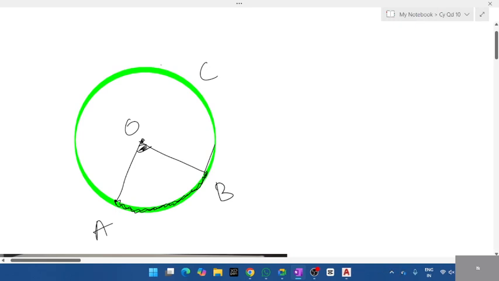Next. The same concept, I'll draw another triangle. Another triangle.